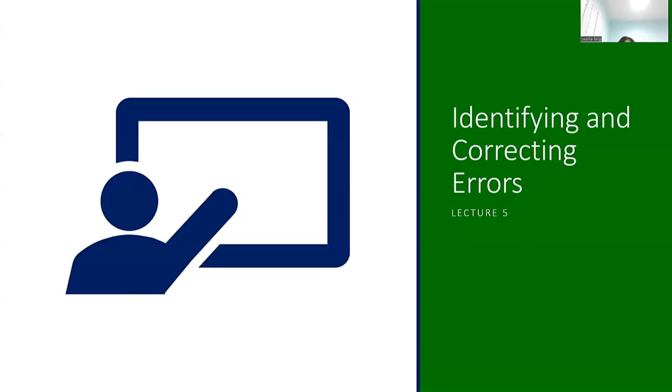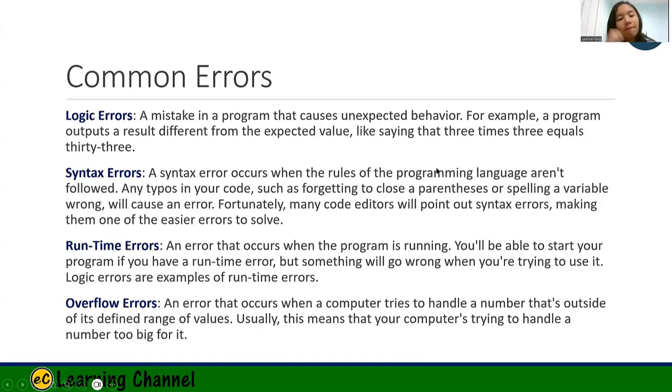Next, you need to be able to identify errors in your project. There are 3 types of error: logic error, syntax error, and runtime error. And there's a 4th type called overflow error, but usually this one isn't covered. So the first type is syntax error. Syntax error means you write Python and you do not follow the syntax.